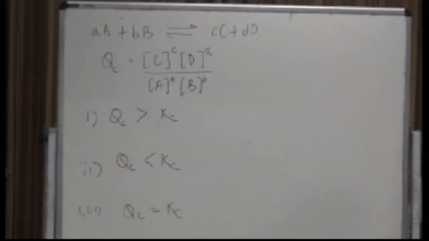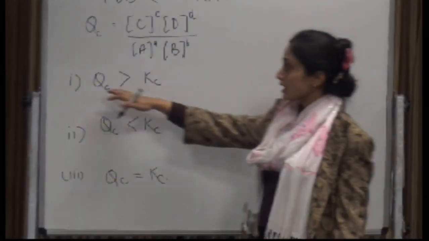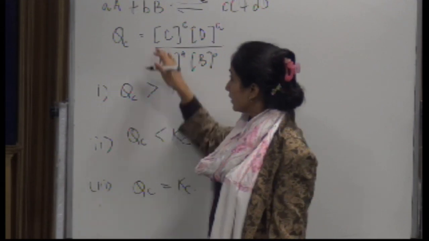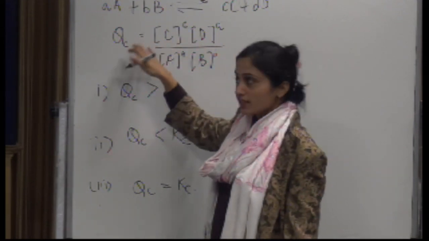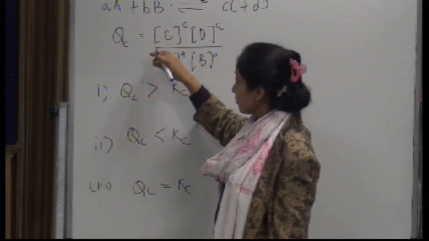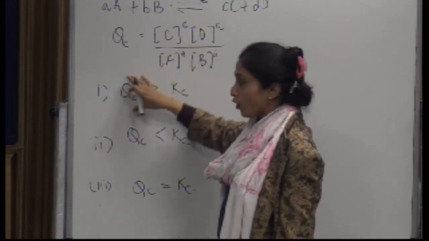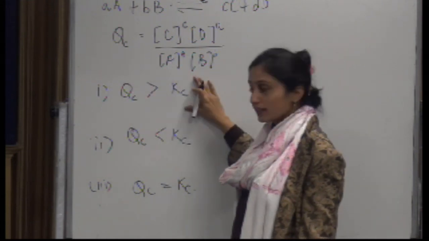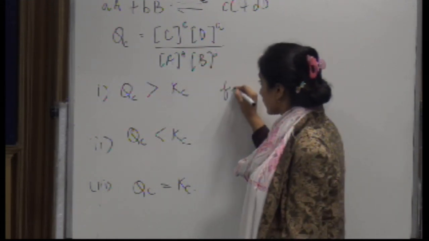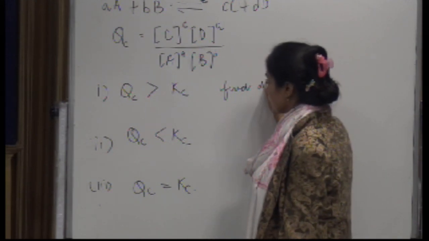Now see, when your Qc is greater than Kc, that means Qc is directly proportional to the product concentrations, the same thing. So this means the products which have been formed now are greater than the equilibrium concentration of the products.